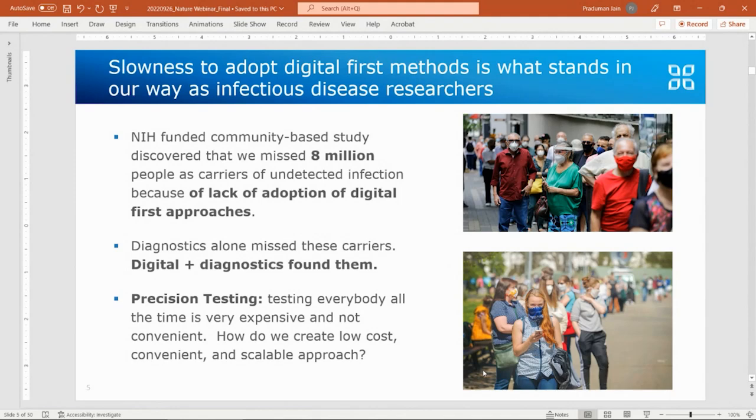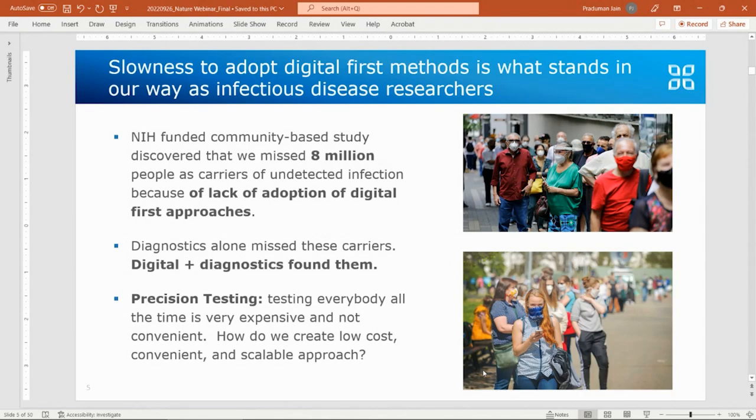And we believe that's what stands in the way of effective public health response to infectious diseases. One of the studies of the NIH found that if we had used digital plus diagnostics, we could have found 8 more people as carriers of undetected infections because we didn't really increase the accuracy of testing.